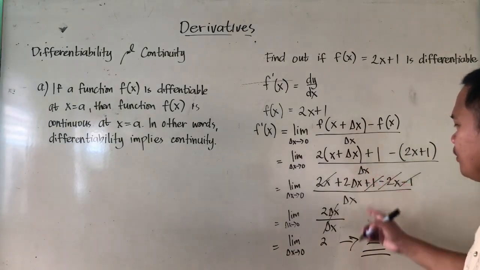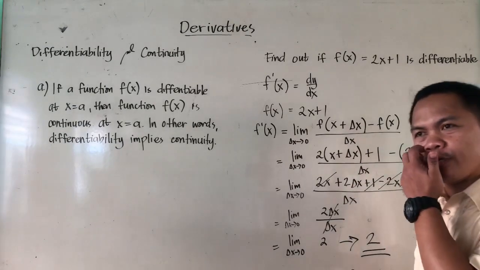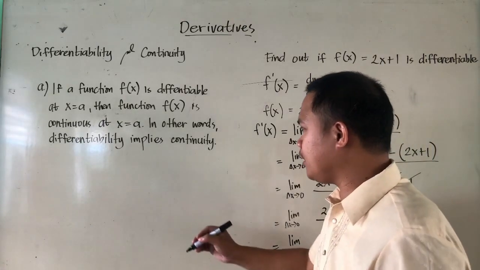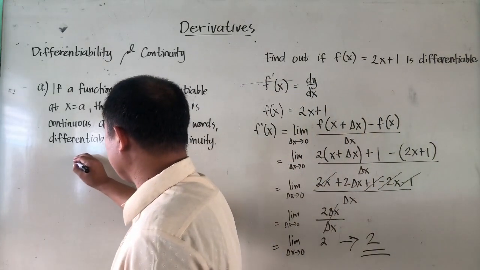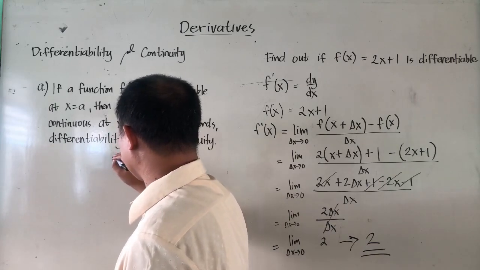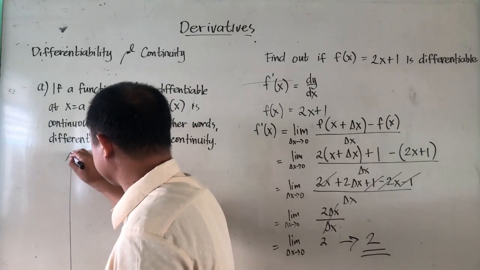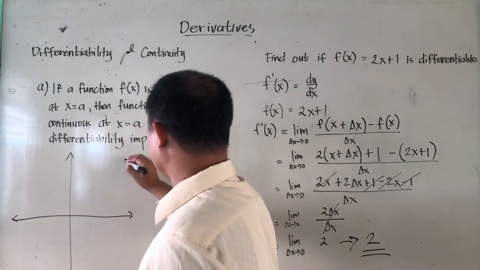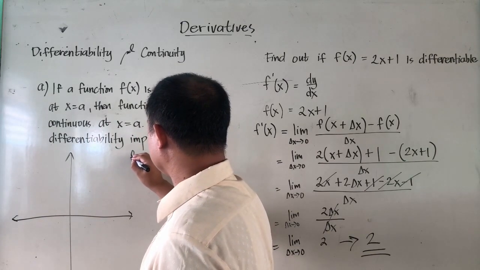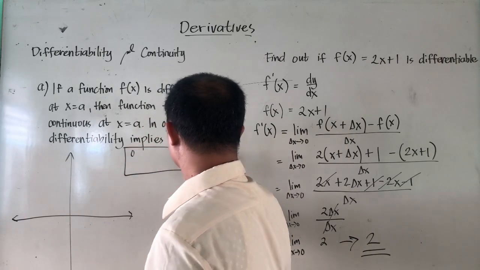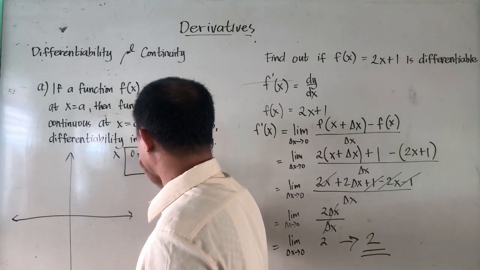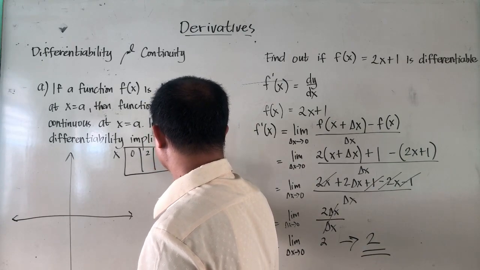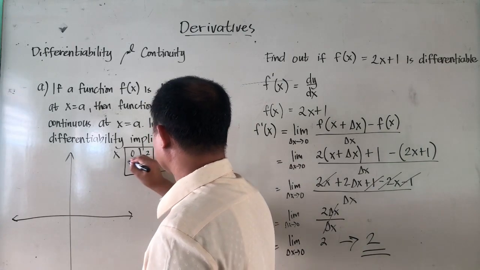Following this, we're going to find out whether the given function is continuous. Using a table of values, say for example, for the values of x we have 0, 2, 4, 6.